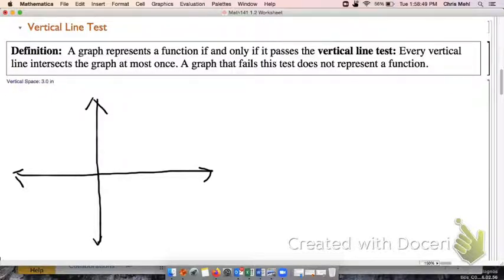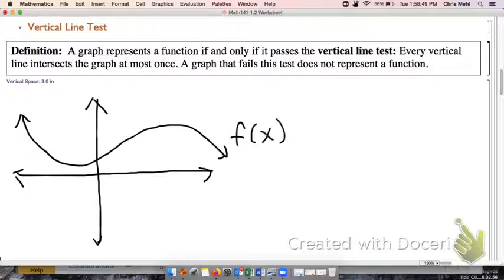and I draw any random function here. Say this is the graph of f of x, here's your x-axis, here's your y-axis. One thing I want you to notice is that this is the graph of a function. Each input does correspond to one and only one output, and the way that you can see that is by imagining all vertical lines.